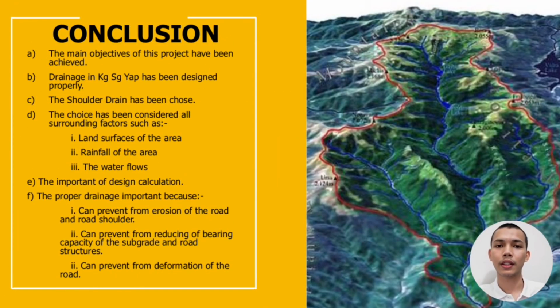So I will continue the presentation with the conclusion. First, the main objectives of this project have been achieved. There are three main objectives. First, to calculate Q runoff suitable for design drainage.